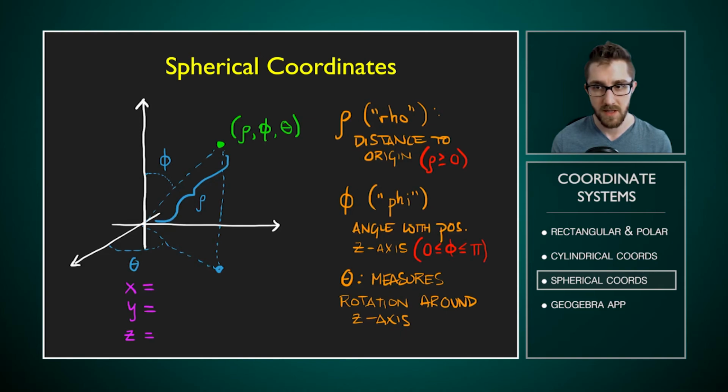So I'm going to leave this as another exercise for you to do. I want you to figure out a formula for x and a formula for y in terms of rho, phi, and theta. But just to show you what I mean, let's compute z in terms of rho, phi, and theta. And well, z could be thought of as this distance from the green point here down to the blue point in the xy plane, right?